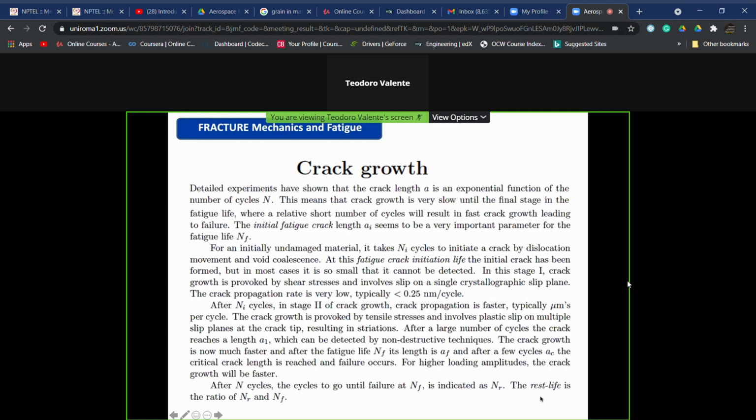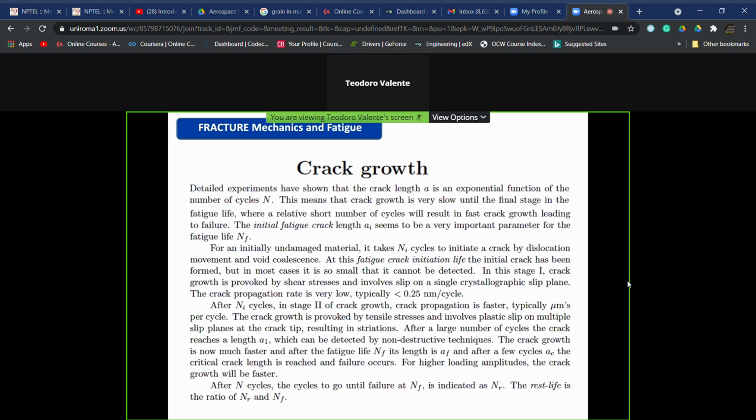In this stage, the crack growth is due to the presence of tensile stresses, and involves also, when ductility cannot be neglected at a microscopic scale, plasticity slip on multiple slip planes at the crack tip, where we have the maximum stress concentration. This gives rise to striations, which can be observed on the typical fracture surface of a component broken by fatigue.